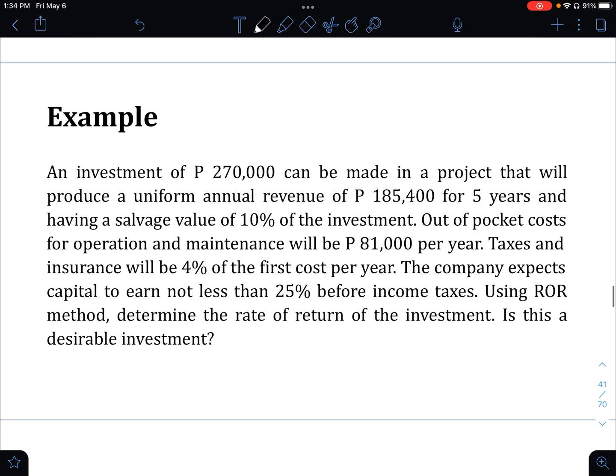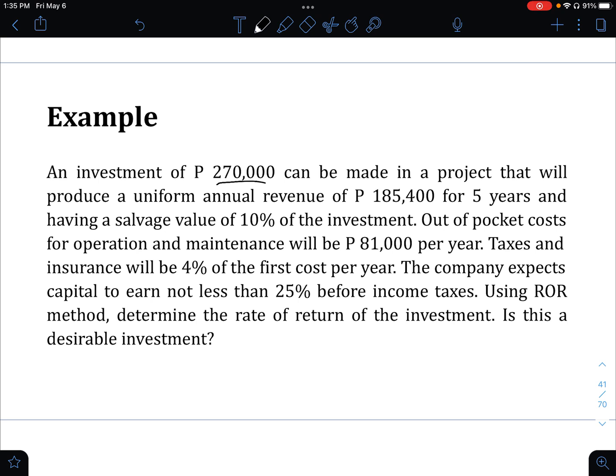So, let's start with all of the same examples, however, using different methods. An investment of 270,000 can be made in a project that will produce a uniform annual revenue of 185,400 for 5 years and having a salvage value of 10% of the investment.